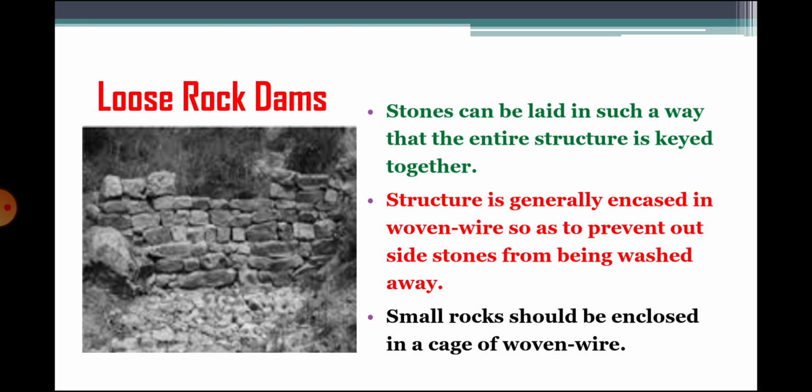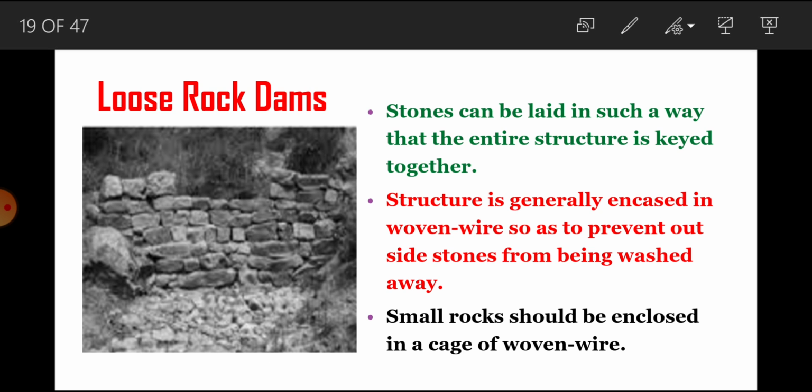And this is the one. In the previous slide you have seen the flowing water, and here you can see this is the dam, where you have to create a kind of passage to allow upstream flow. In such structures, due to the flow of runoff and the impact of water, the boulders may fall, or such structures may be damaged.